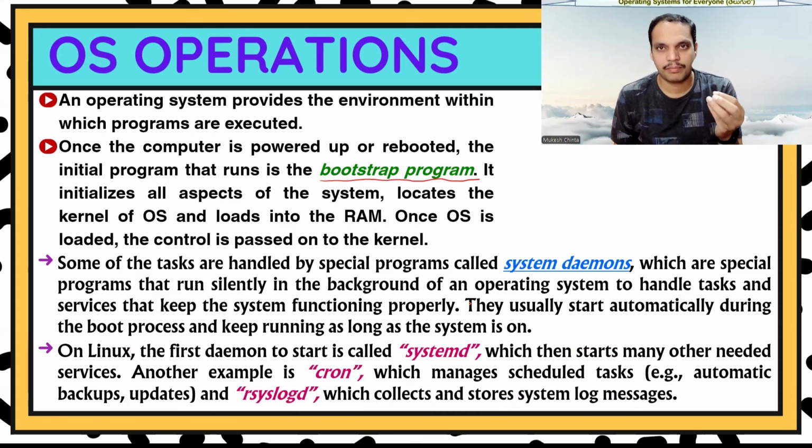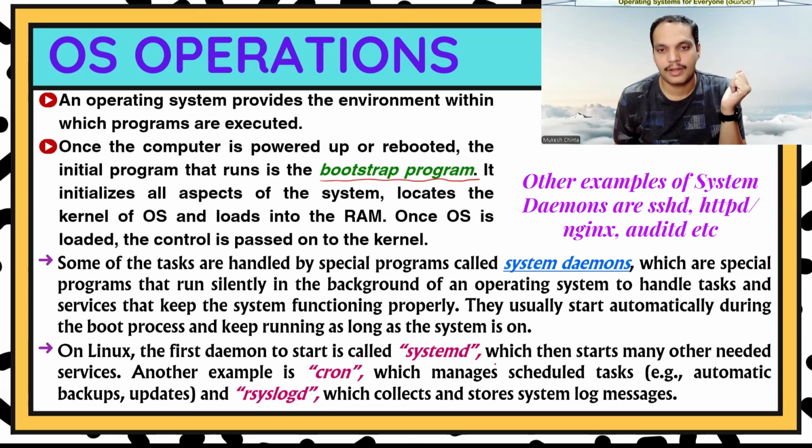So there are some examples for these system daemons. On Linux, the first daemon is called systemd, which then starts many other needed services. Another example is cron, which manages scheduled tasks like automatic backups and updates as selected by the user, and rsyslogd, which collects and stores system log messages.